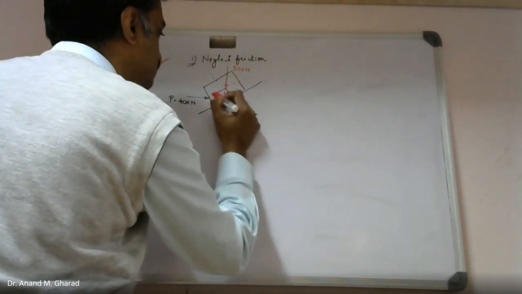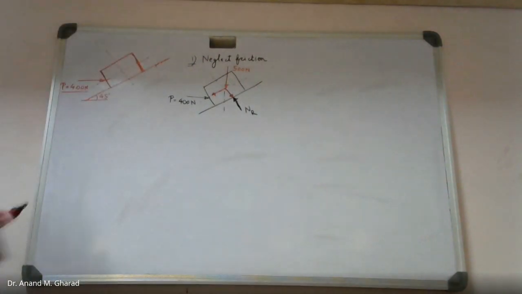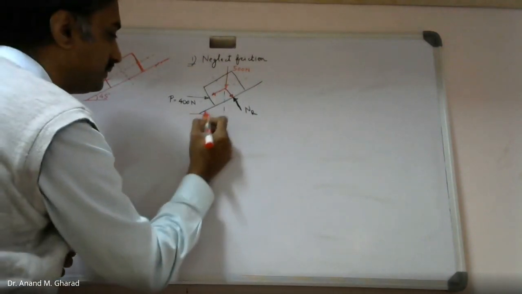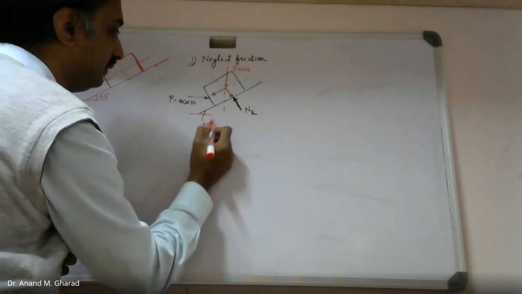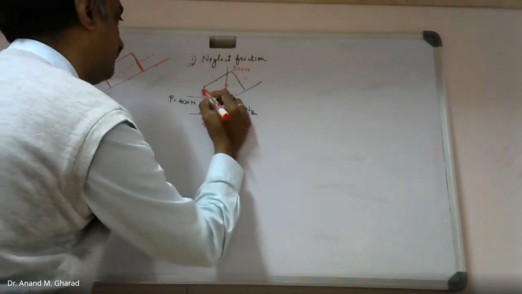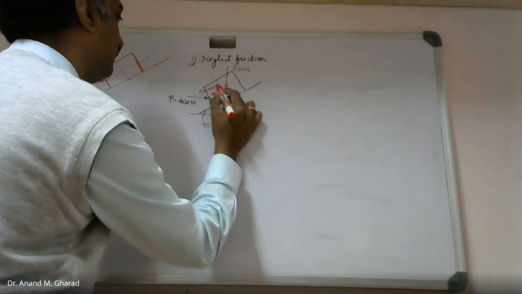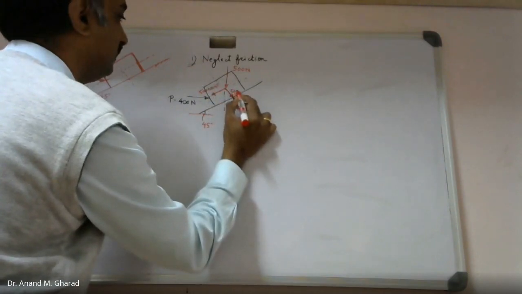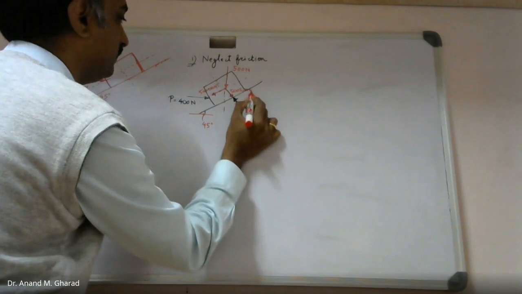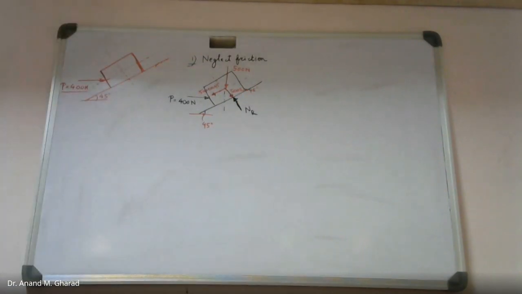We have these two components. Being a 45 degree angle, this will be 500 cos 45, and this will be 500 sin 45. Am I right?